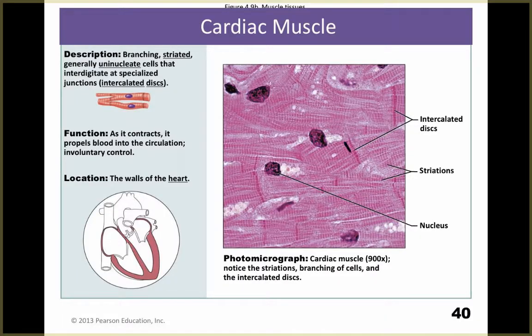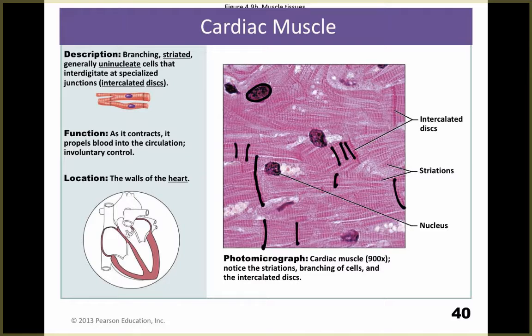If you look, you can see all the little lines going here. It's uninucleated, which means when you're looking at these, there's one nucleus per cell, where the last one was multinucleated. They have specialized junctions called intercalated discs, which you can see right here, right?